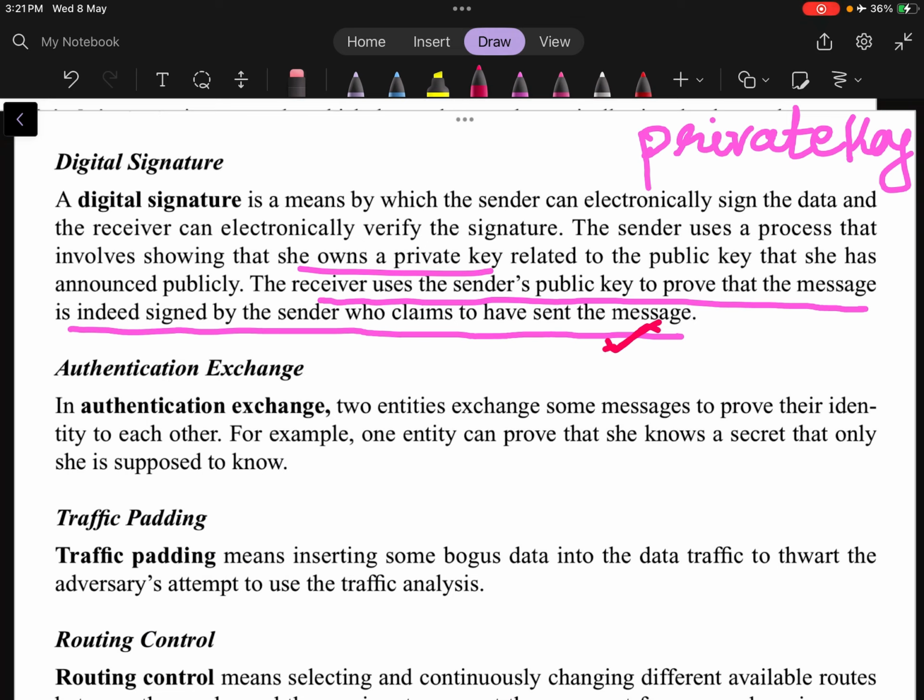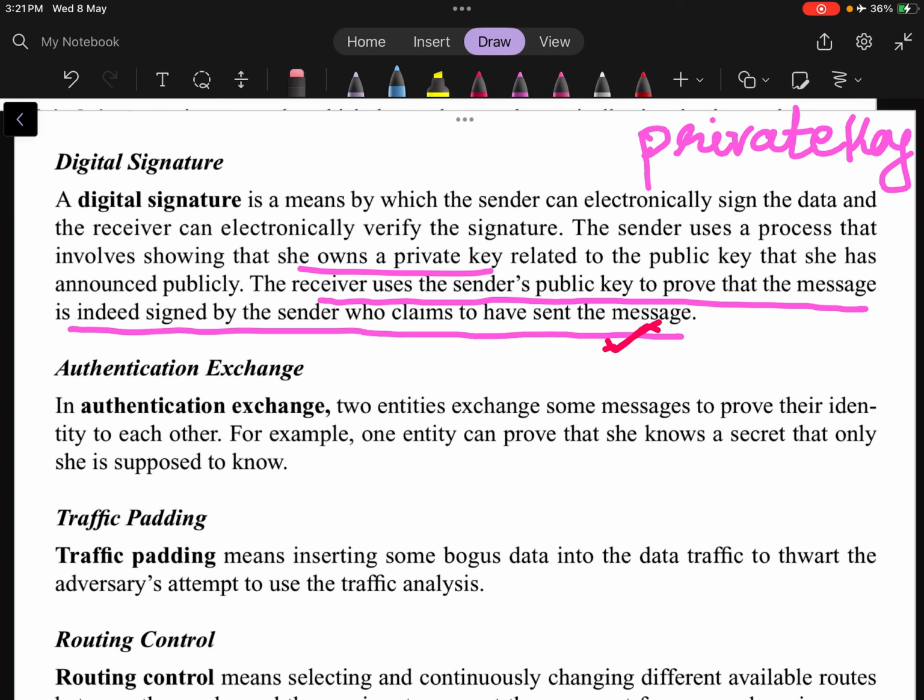Authentication exchange. In authentication exchange, two entities exchange some messages to prove their identity to each other. For example, one entity can prove that she knows a secret that only she is supposed to know.